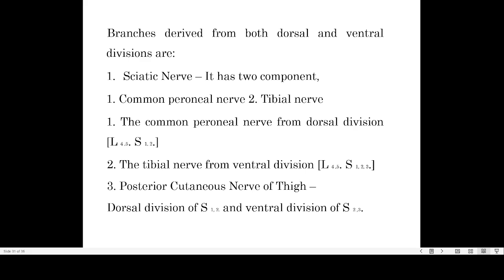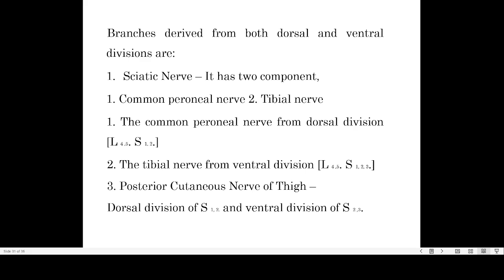The first important one is the sciatic nerve. This sciatic nerve has two components, the two major important nerves: one is the common peroneal nerve and the other is the tibial nerve.